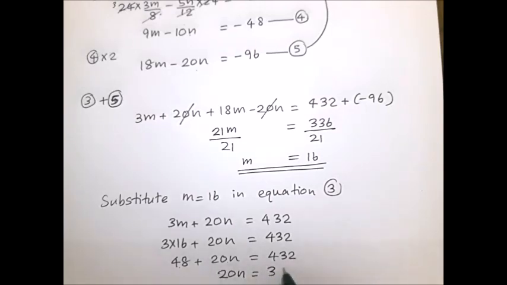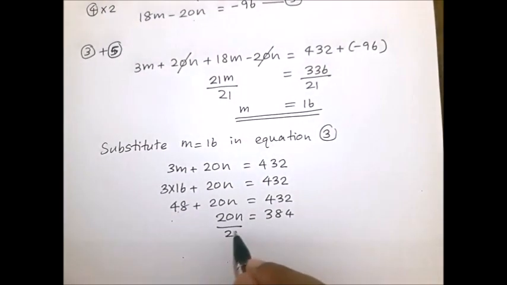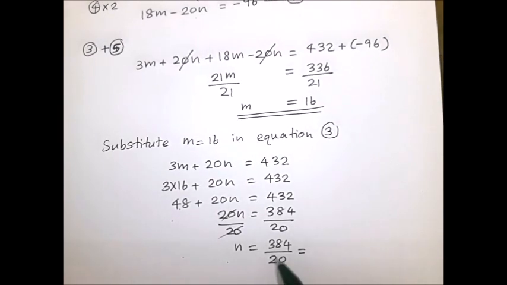It is 384. To find n, you have to divide both sides by 20. N equal 384 over 20. Here you can simplify both by 4. Divide both by 4. It is 96 over 5.